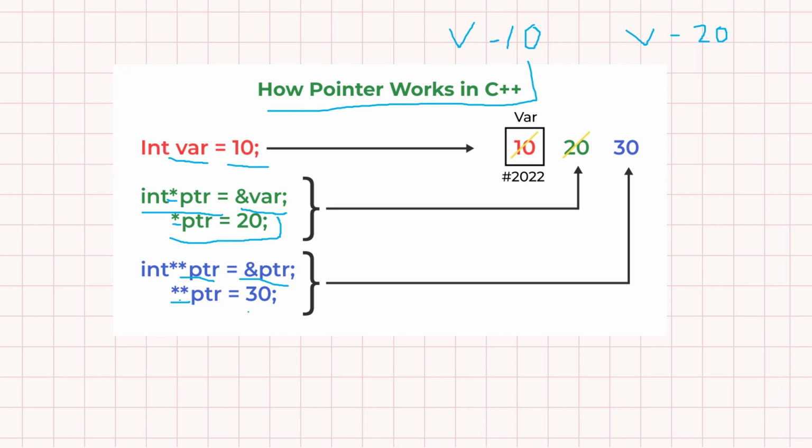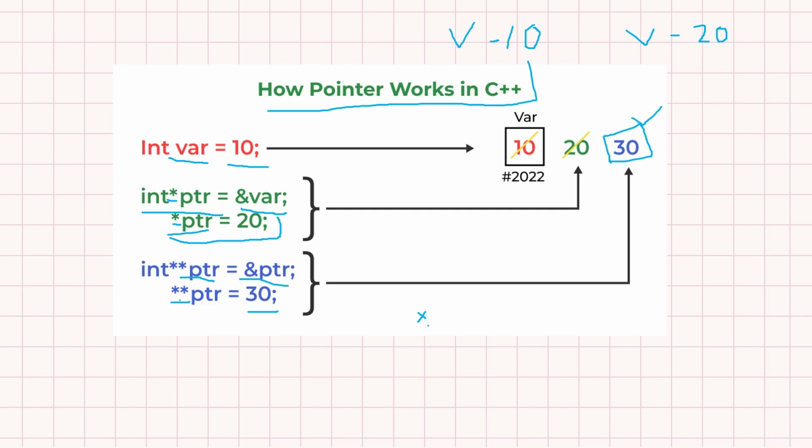Now let's set the star star ptr value as 30. So now the value of the variable is 30. If we print the value of star star ptr, we get 30. If we print the value of star ptr, we get 30, and if we print var, we get 30.